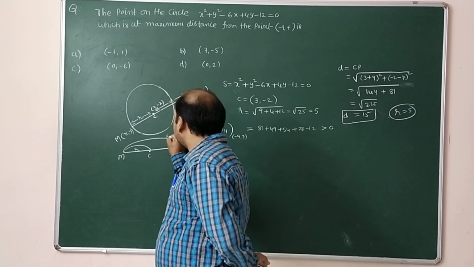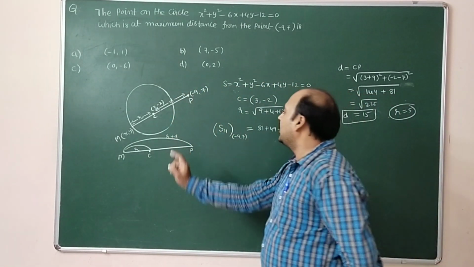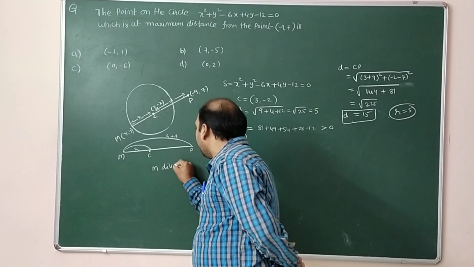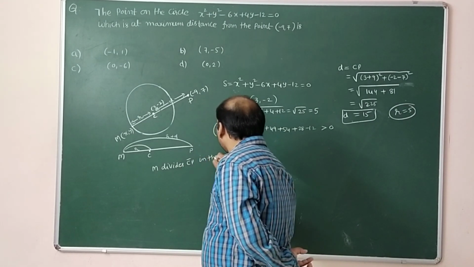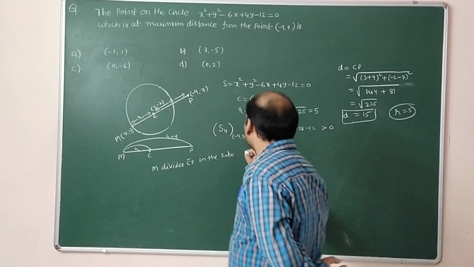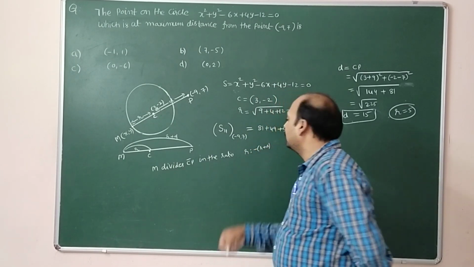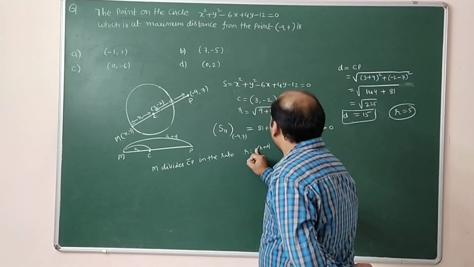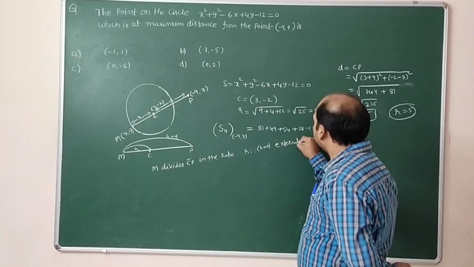So this is R plus D value will come. R plus D. That too external division. So M divides CP in the ratio R is to minus of R plus D. M is to N externally means minus. Otherwise, my R is to R plus D externally. Like this you can write it.